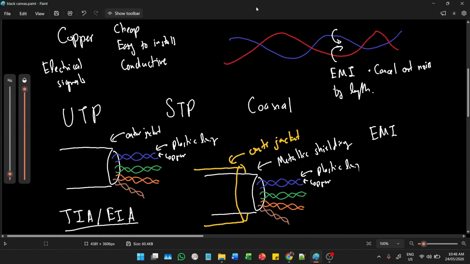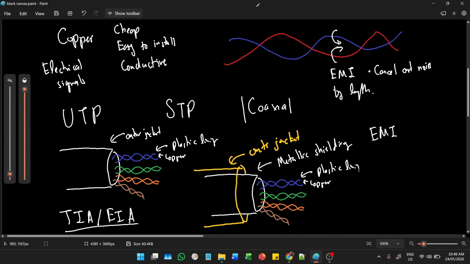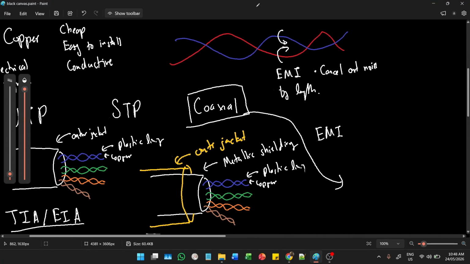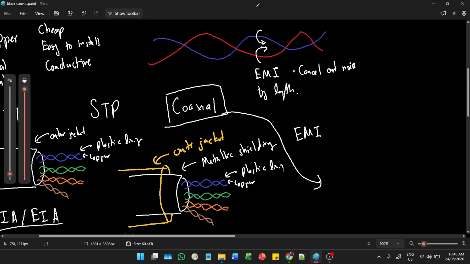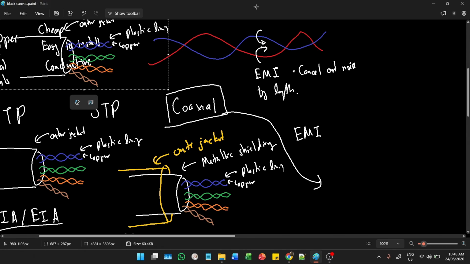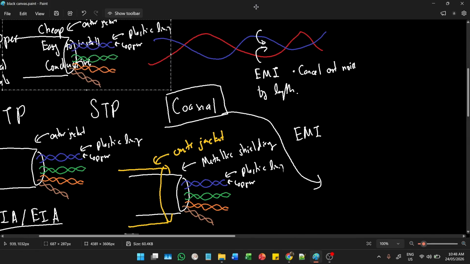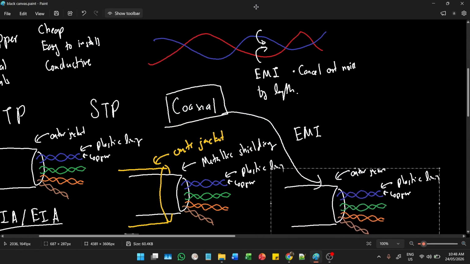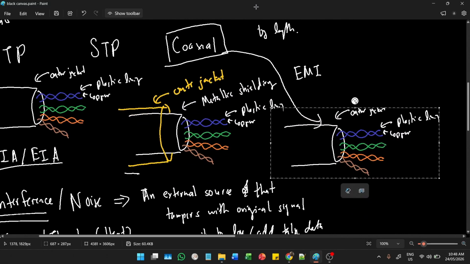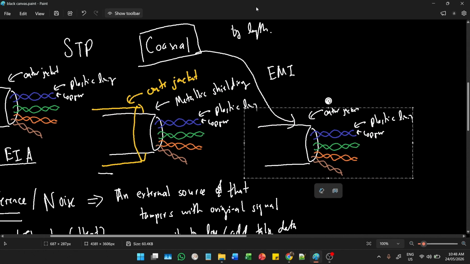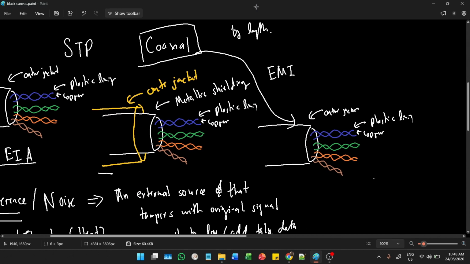So let's go back. We forgot one, well, we didn't forget, we're right on time to talk about coaxial cable. What's the difference between coaxial cable and UTP and STP? Well, coaxial has another added part. So it also has the same four wires.